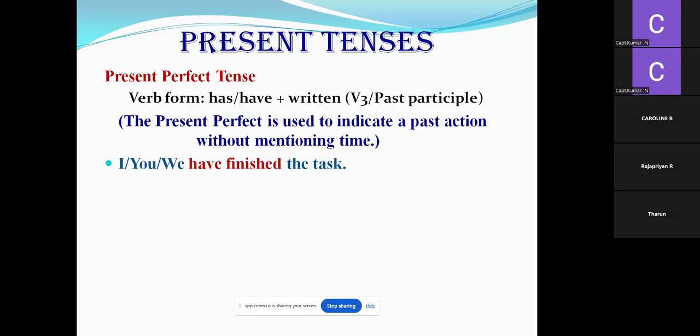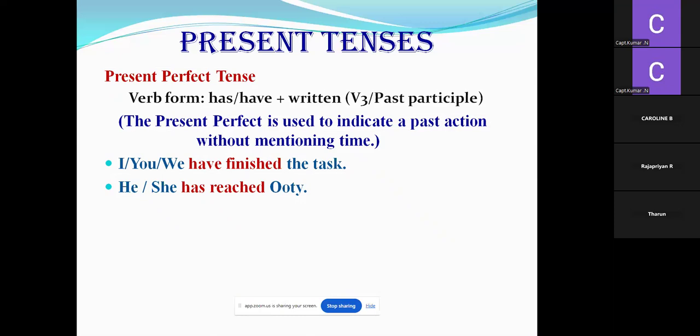Let's see the examples. We have finished the task, or you have finished the task. Second example, he has reached Ooty. She has reached Ooty. See, in the first example, I, you, we, they, any pronoun, we should use have.